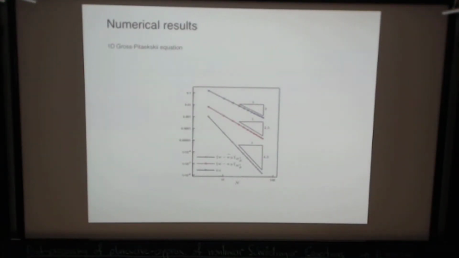So what we see here is the 1D Gross-Pitaevskii equation. First in red here is the convergence of just the brute plane wave approximation. In black is if you do add this first order perturbation to it, and you get 2 orders of convergence rate extra compared to this one, and this is the 2 orders because this is the quotient between the two.